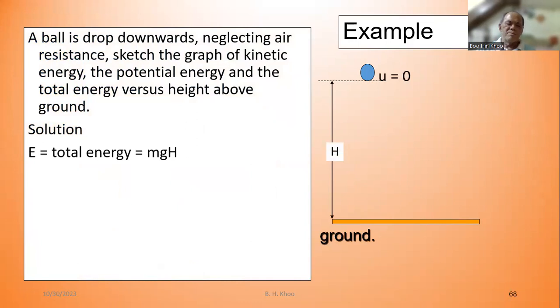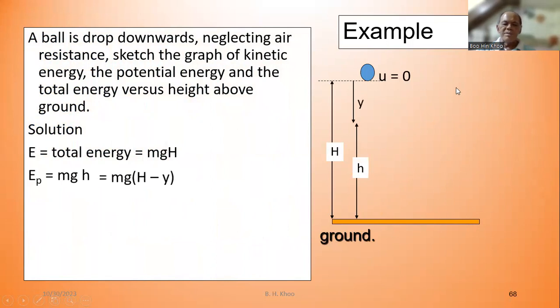Okay, total energy is mgH. The potential energy is mgh, where h is the height above the ground, measured from the ground. So it's basically capital H minus y. Right? We don't want this one. We want this value.